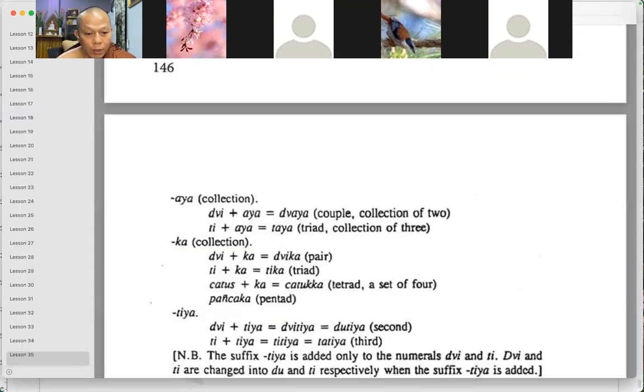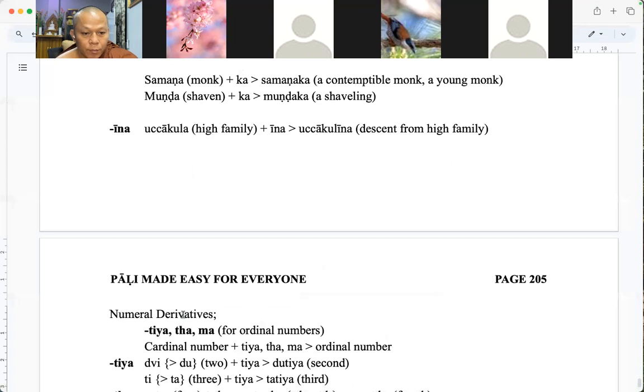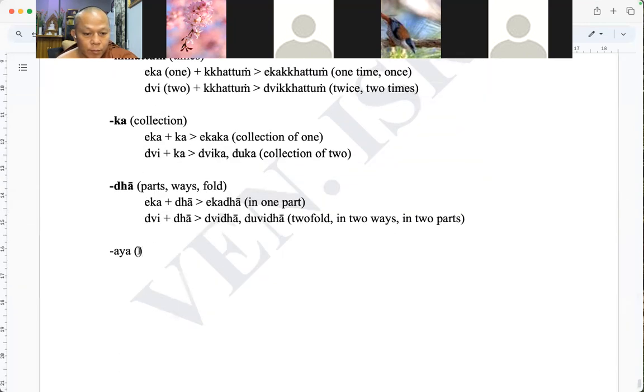The meaning of ayo is also like a collection, as a collection.